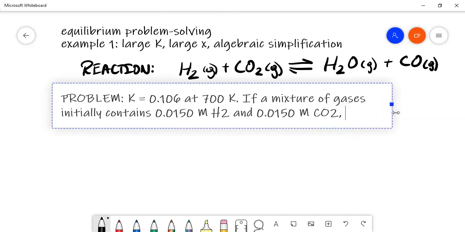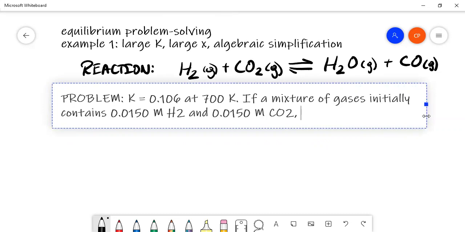I'm going to have a mixture of gases that initially contains 0.0150 molar concentration of H2 and 0.0150 molar concentration of CO2.